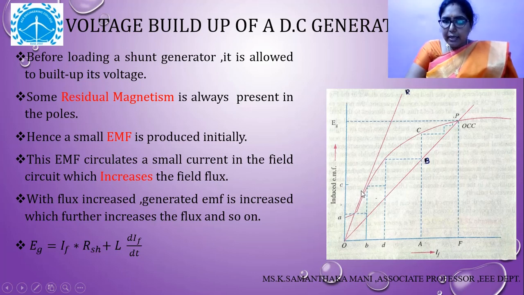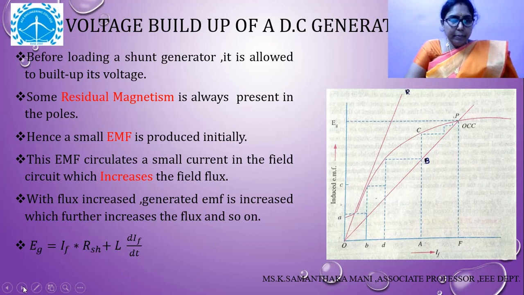Then again the voltage is increased, and the corresponding field current is AD. Because of this increase in the field current, the voltage increases again, and with the field current increased still further, the voltage induced goes up to C. This is a continuous cumulative process, and it reaches a saturation point, point P. This is how we get the open circuit characteristic curve, and how the voltage is built up in a DC generator.